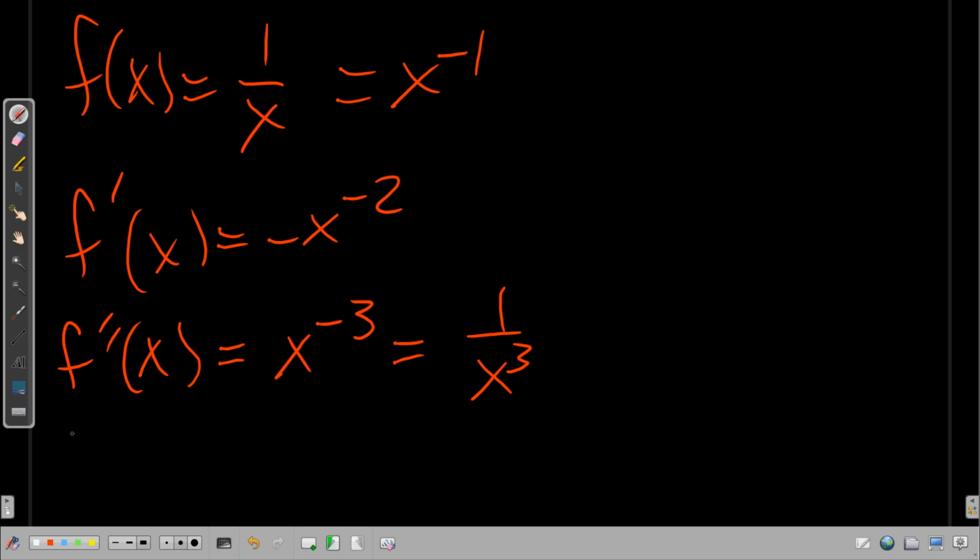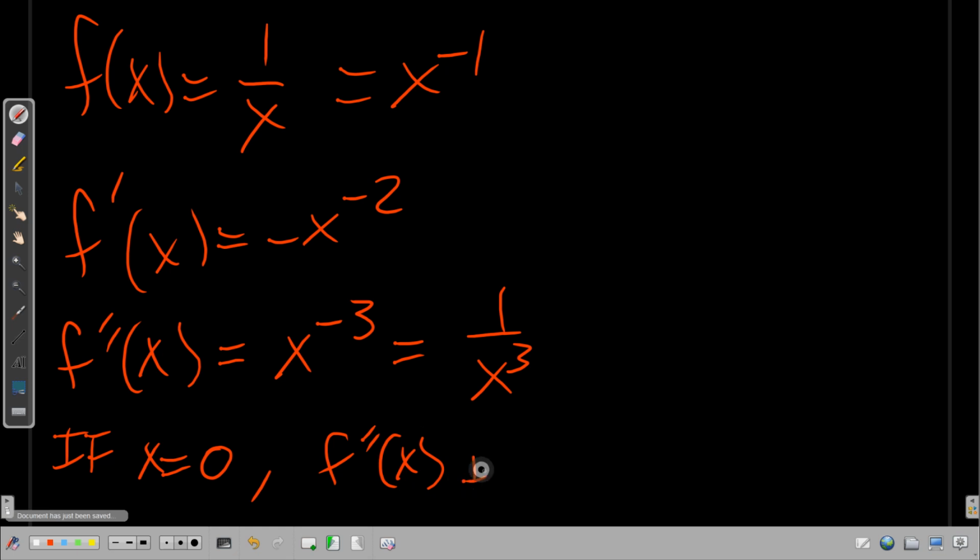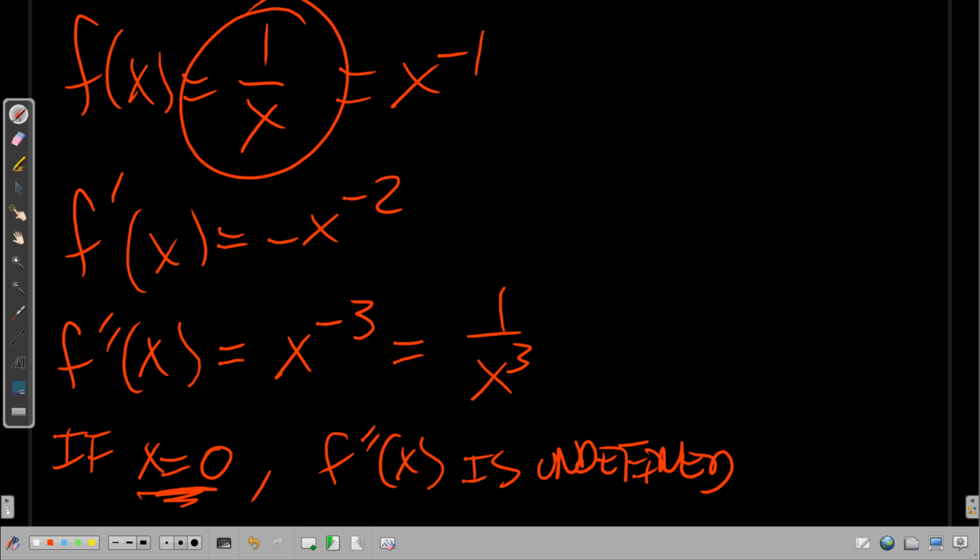So when x is 0, f double prime of x is undefined. So we have a candidate here for where the inflection point could occur. It could occur here, but 0 is not in the domain of f.